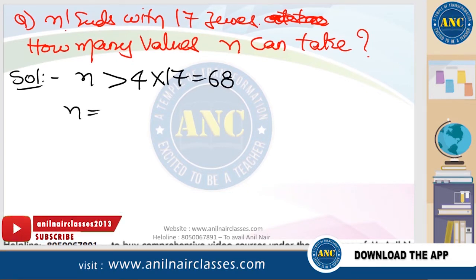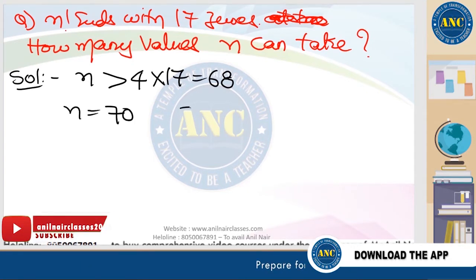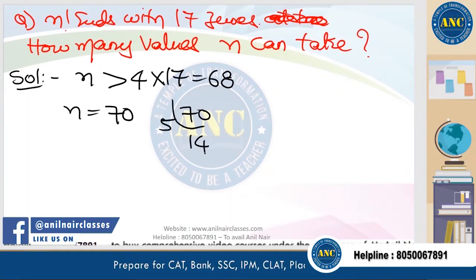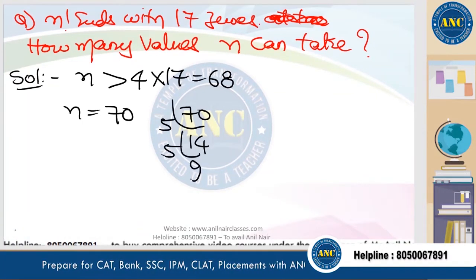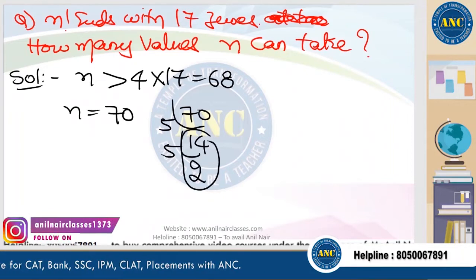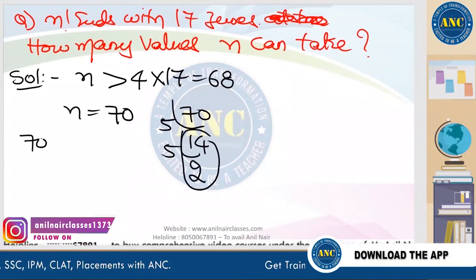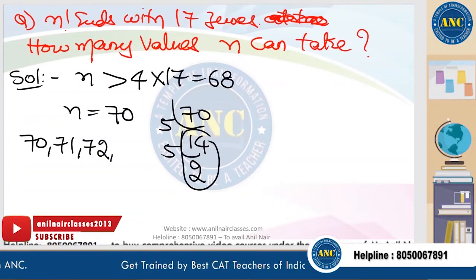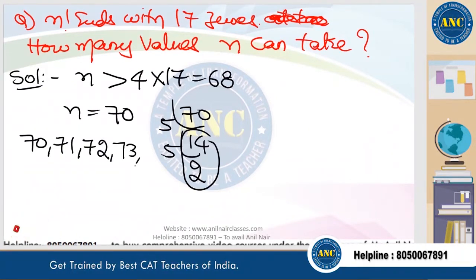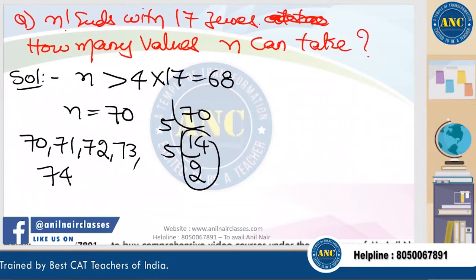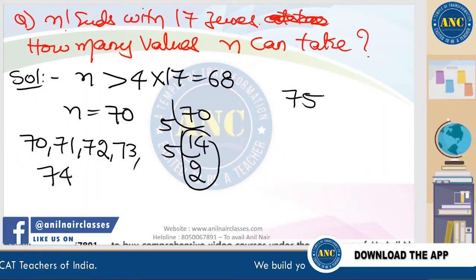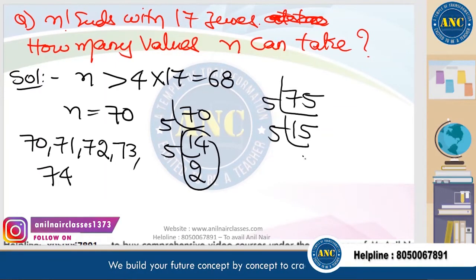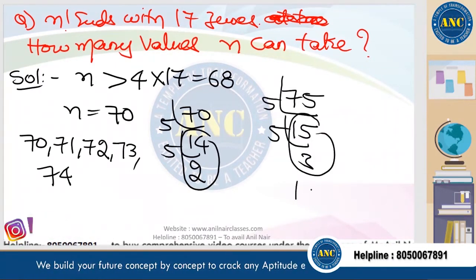What is the multiple of 5 greater than 68? 70. 70 divided by 5: 5 14s are 70, 5 2s are 10. So we got 16 for 70. 70 will be 16. 70, 71, 72, 73, 74. If I take 75, 5 15s are 75, 5 3s are 15, plus 3, 18.